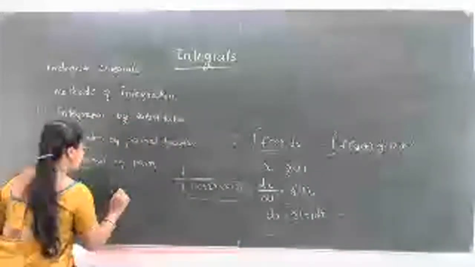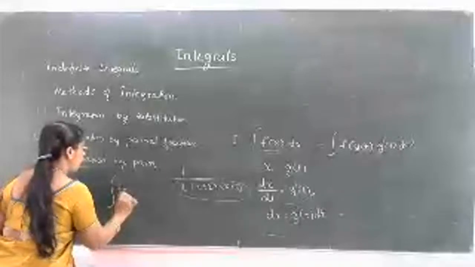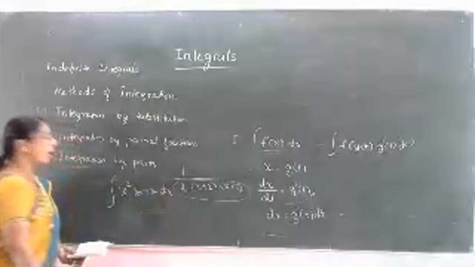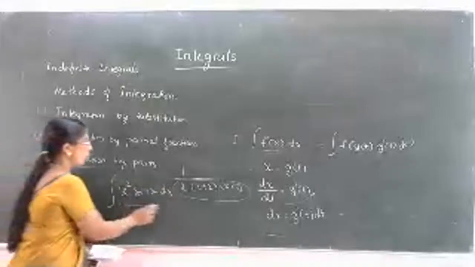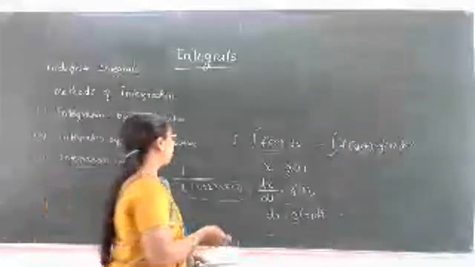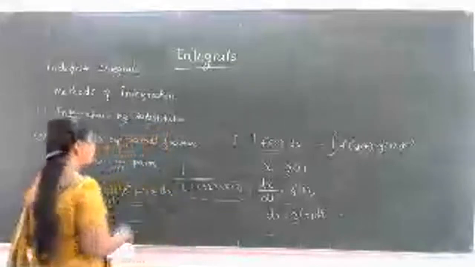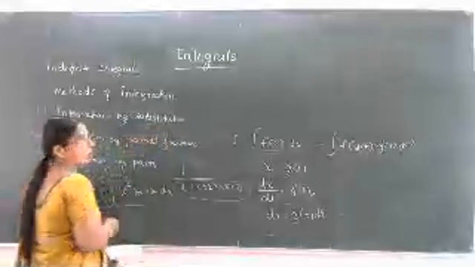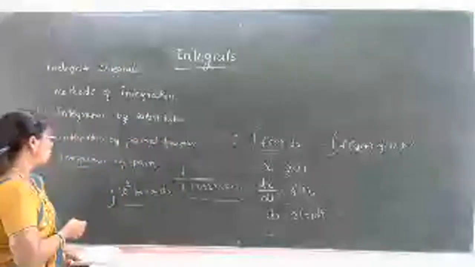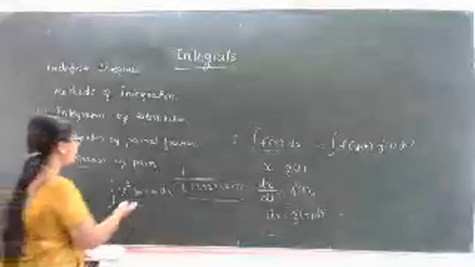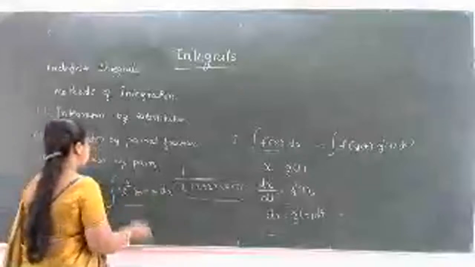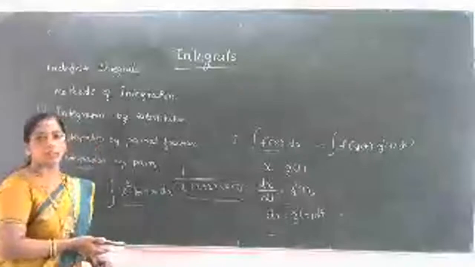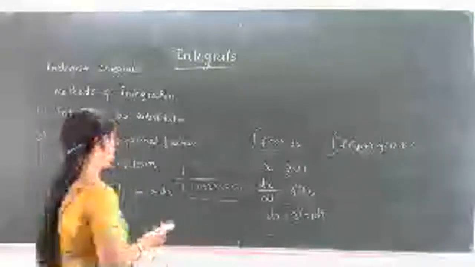Next, the third one is integration by parts. Sometimes the integration is x square into sin x dx. This type of integration we can't integrate directly. We use the method of integration by parts. It's the product of two functions.